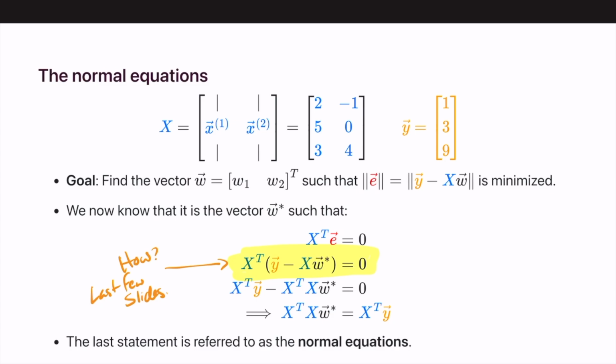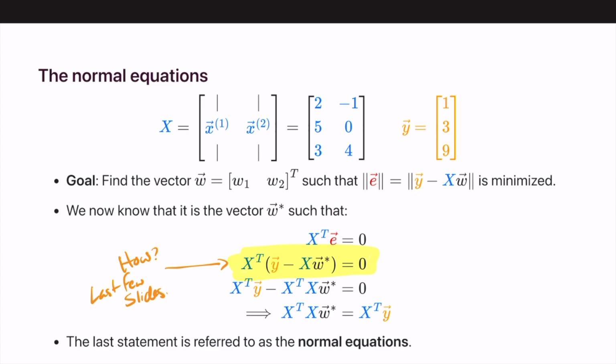There are some simple things that we can do. This is leading to this idea of something called the normal equations, but we can expand this out, and that gets us x transpose times y vector minus x transpose times x times w vector equals 0. Of course, we can also add this term, and then now we've got this.